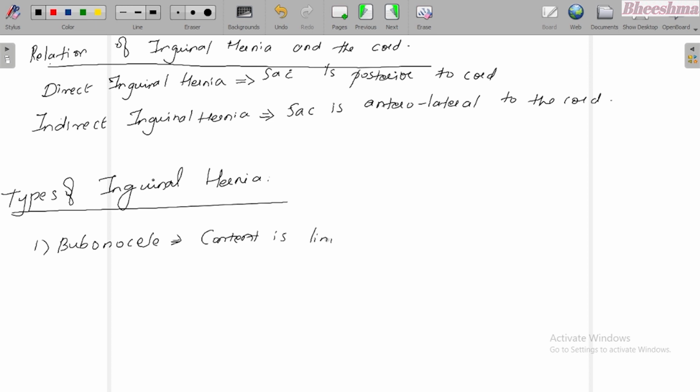Content is limited to the inguinal canal. Here is the diagrammatic representation. This is the diagram of bubonocele.